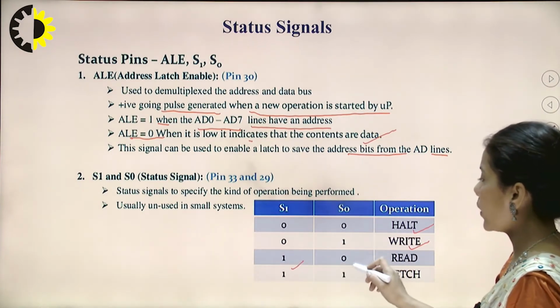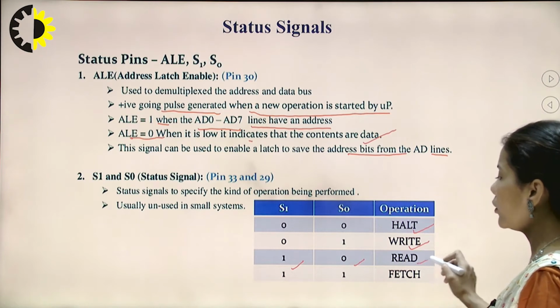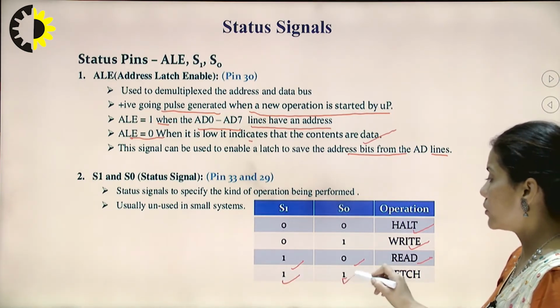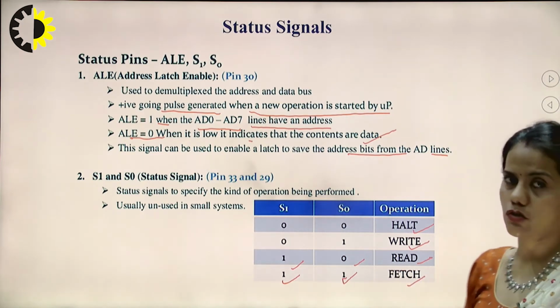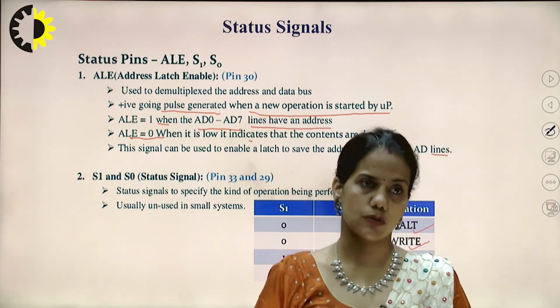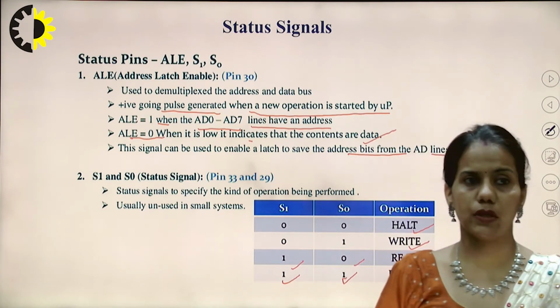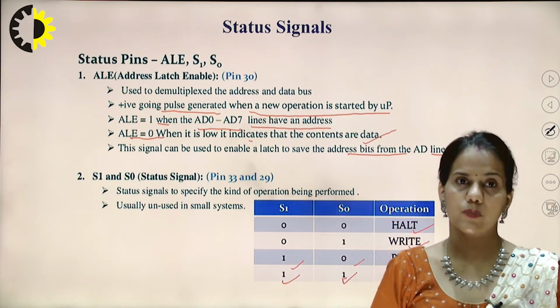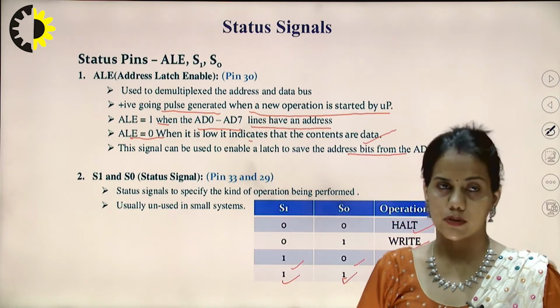When S1 is 1 and S0 is 0, then a read operation is being performed. When S1 is 1 and S0 is 1, then the opcode fetch cycle is being executed. So this is how pin signals S0 and S1 indicate the type of operation being performed in the microprocessor.